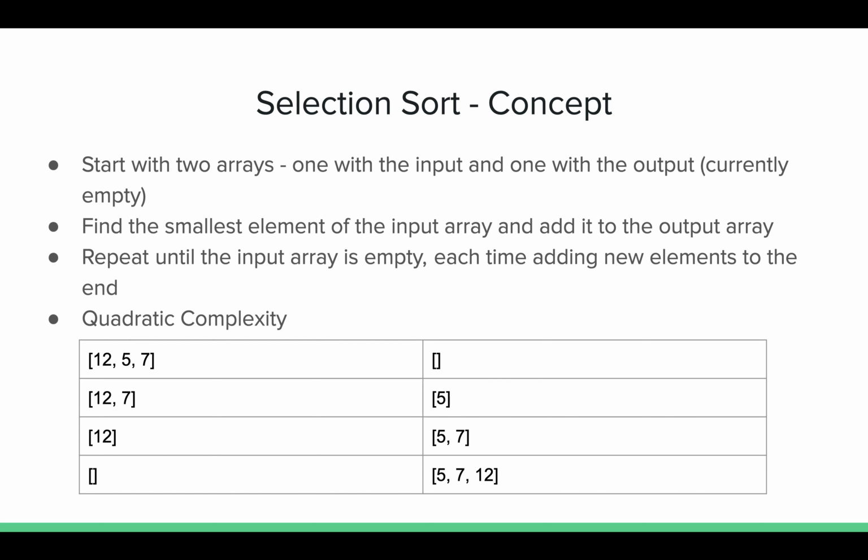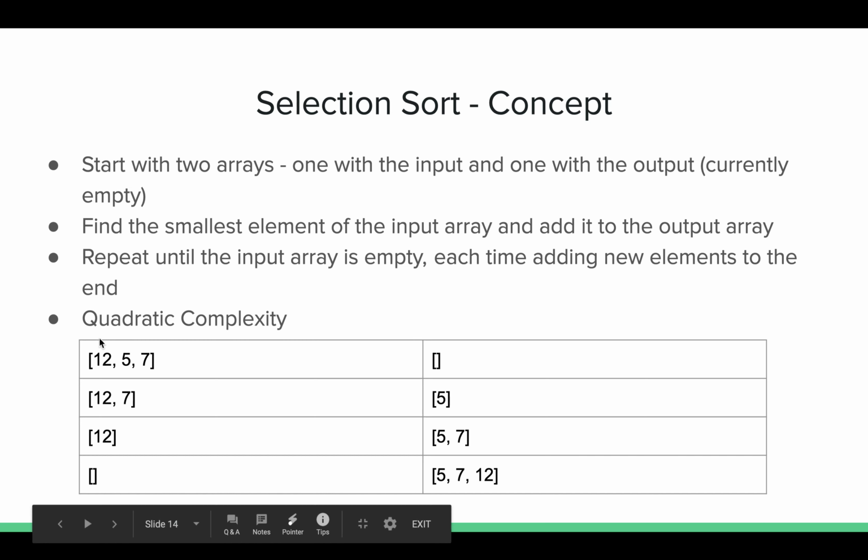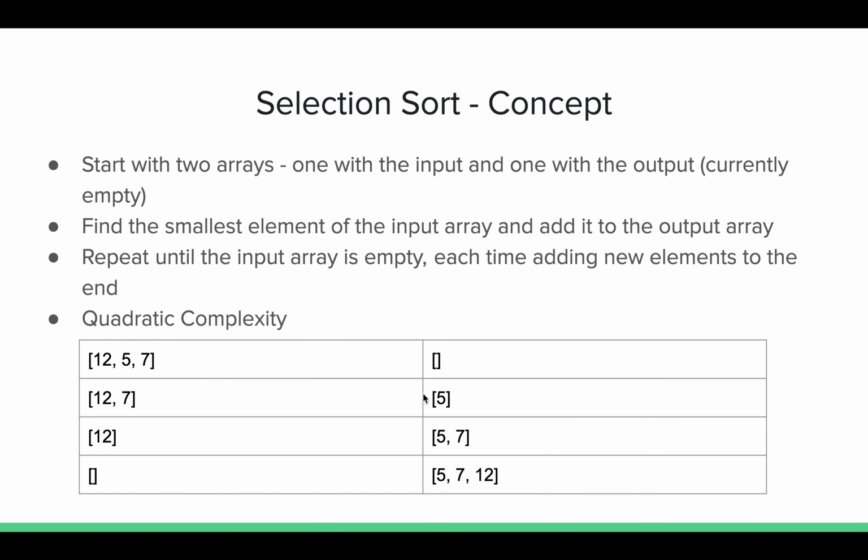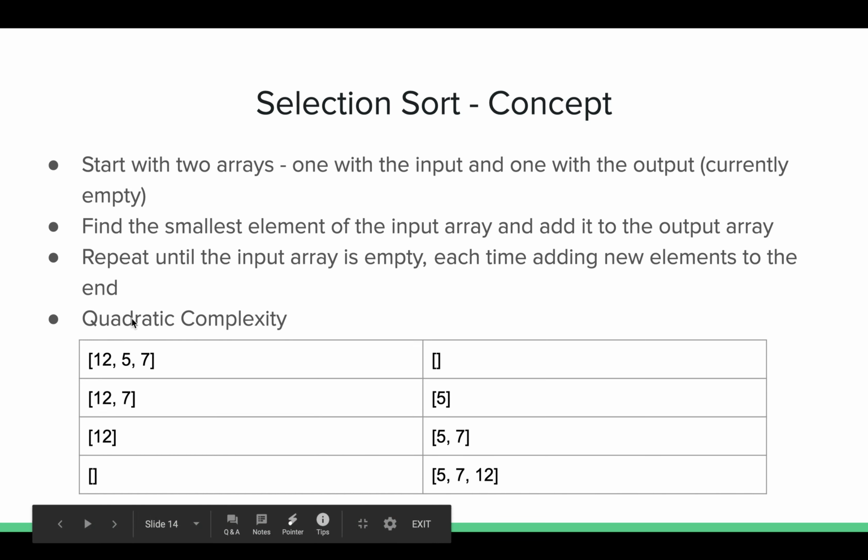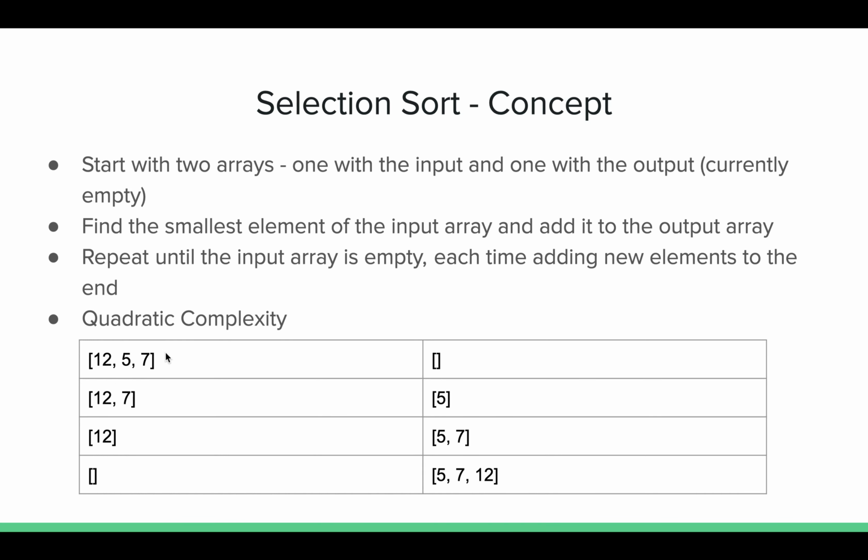So the general concept of this is you find the smallest element in the input array and you add it to the output array. And then you repeat that, this time remembering to take out the smallest element so that it doesn't just default to the same smallest element every time. And then eventually you can build up this array.